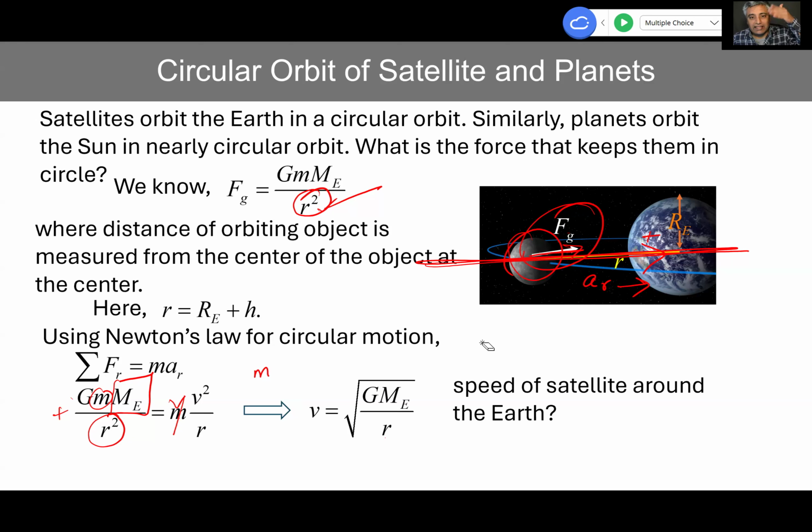So the mass of the planet cancels, and the speed simply depends on the mass of the sun. Since we know how far the Earth is from the sun, we can calculate the speed of the Earth. We can also measure the speed, but calculating is an easier way to do it after knowing the distance.